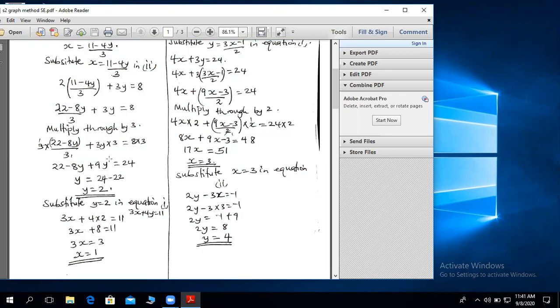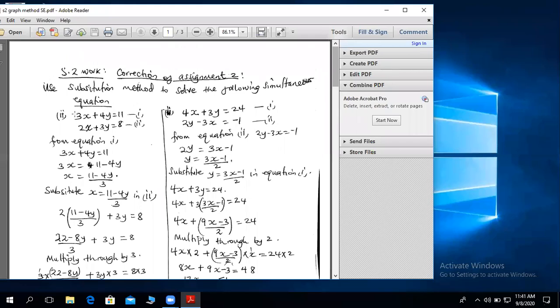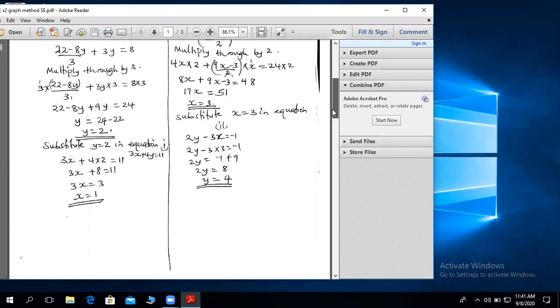Now, if I get y is equal to 2, I'm now free to substitute it in any equation of my choice. But for me, I've chosen to substitute in equation 1, which is 3x plus 4y equal to 11. It means where there is y, I put 2.